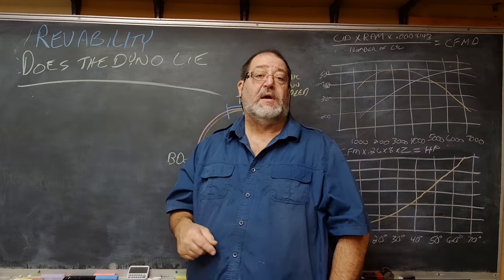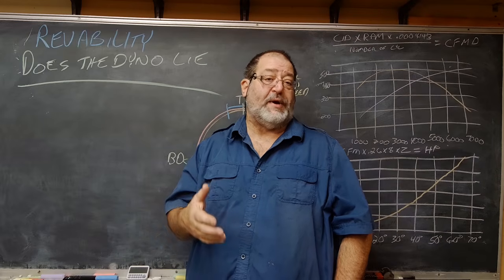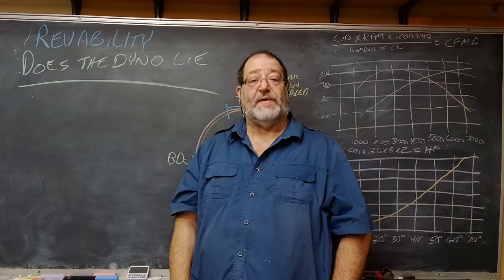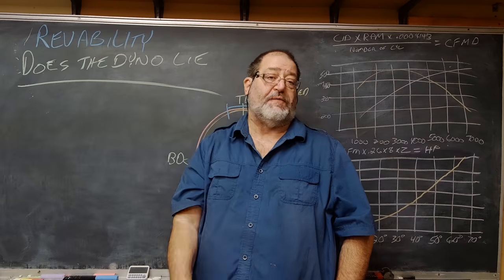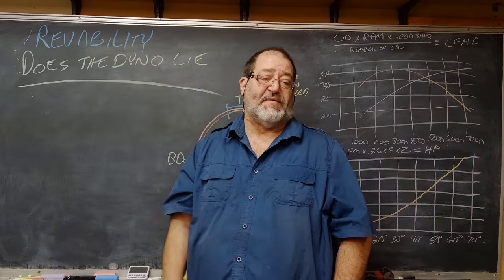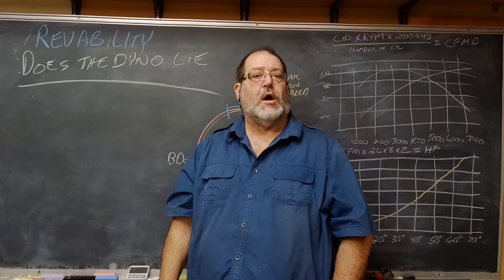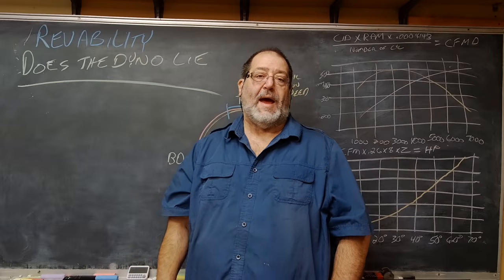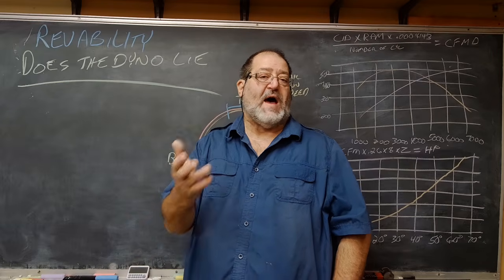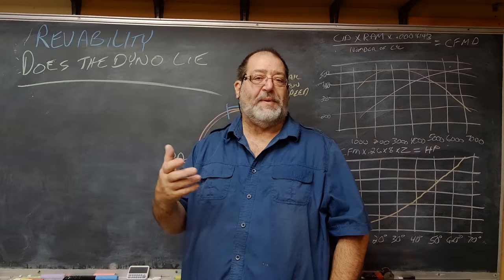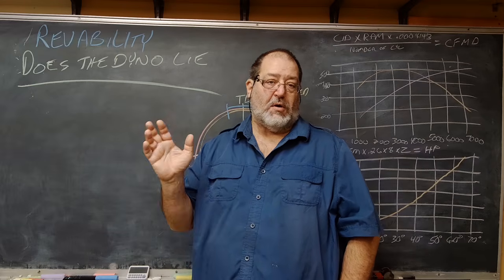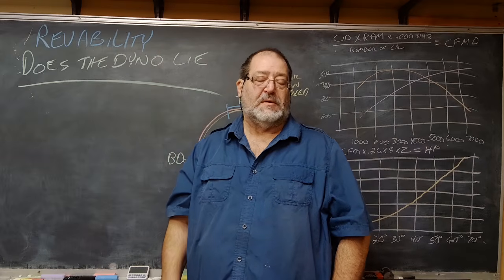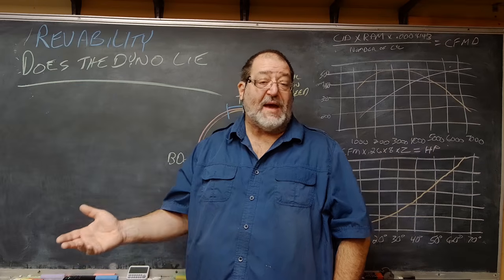If you build an engine and you can't load it in at 2,000 RPM because it's just not making any power down there, and then you convince yourself, well, I can run from 4 to 7, and that's really how it works, and the dyno is the problem, no, the engine is the problem. And then you convince yourself that 4,000 RPM is low RPM. Well, 4,000 is not low, 4,000 is mid.